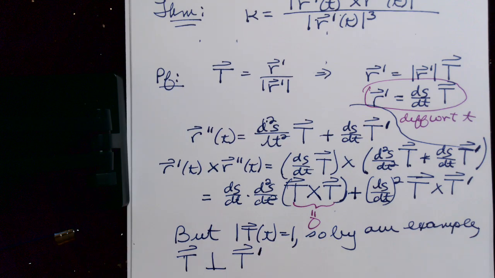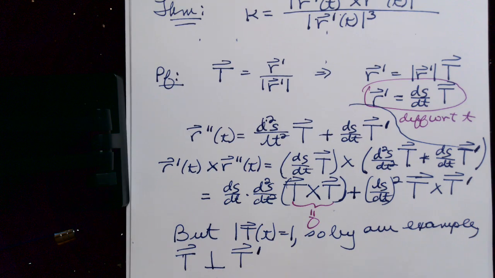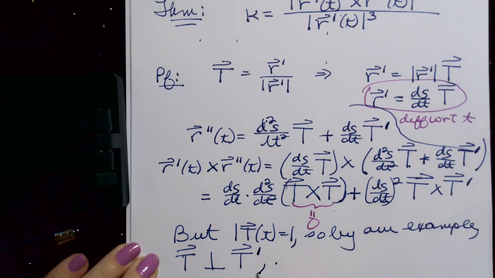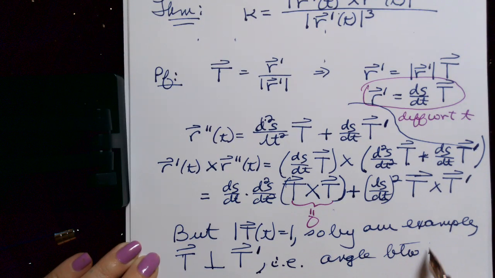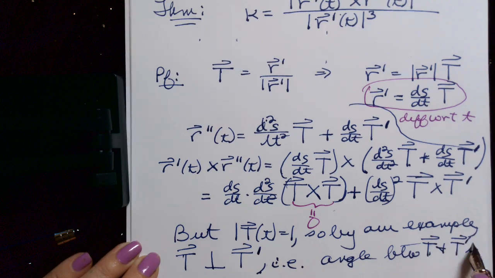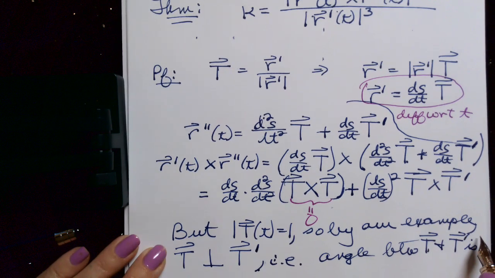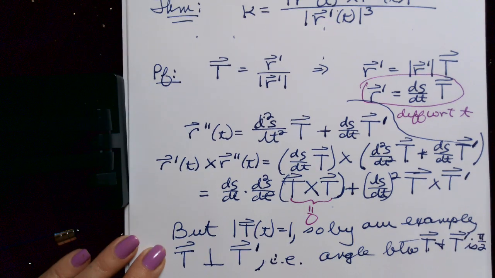We showed that if a vector has constant length, then the vector is orthogonal to its derivative. This is the unit tangent vector, and its derivative must be orthogonal to it. In other words, the angle between capital T and capital T prime is pi over 2.